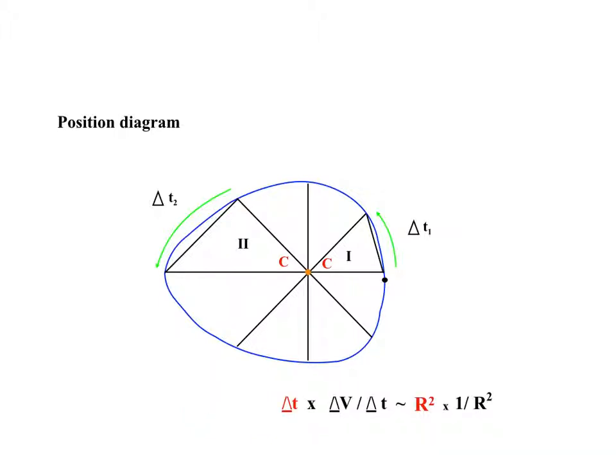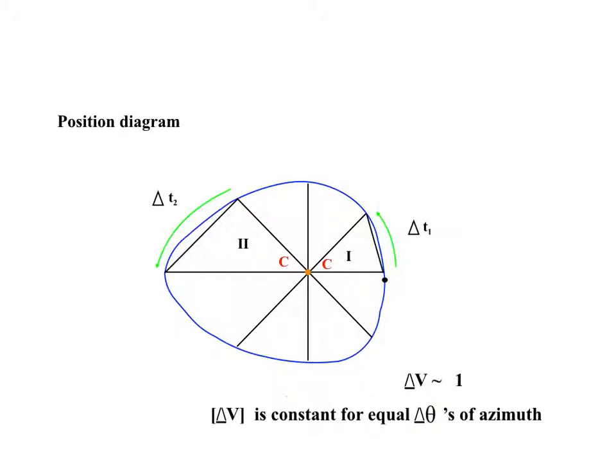It's easy to see that the delta t's on the left and the r squareds on the right cancel out. So we are left with delta v is proportional to 1. In other words, the magnitude of delta v is constant for equal changes in the angle of azimuth.